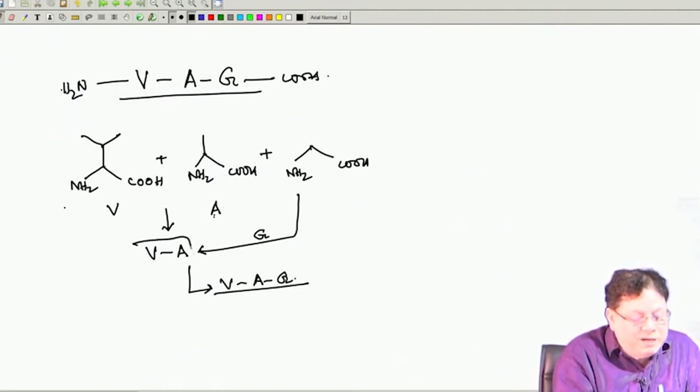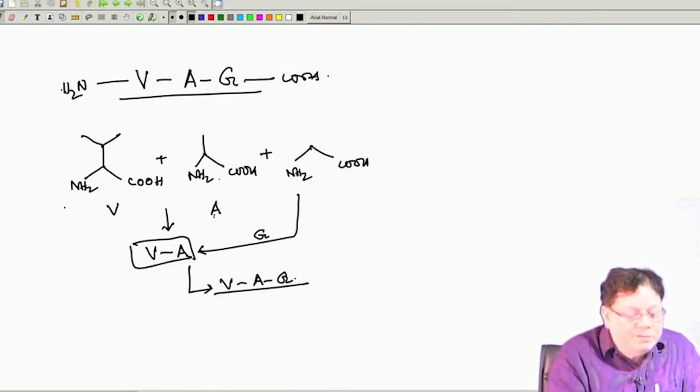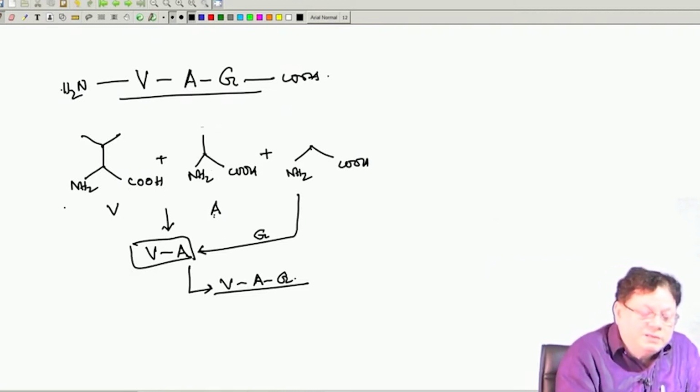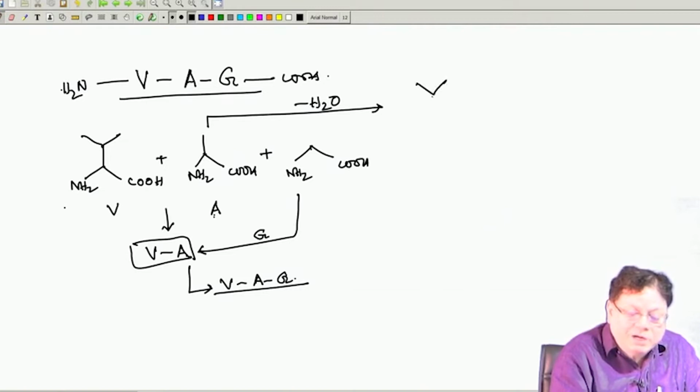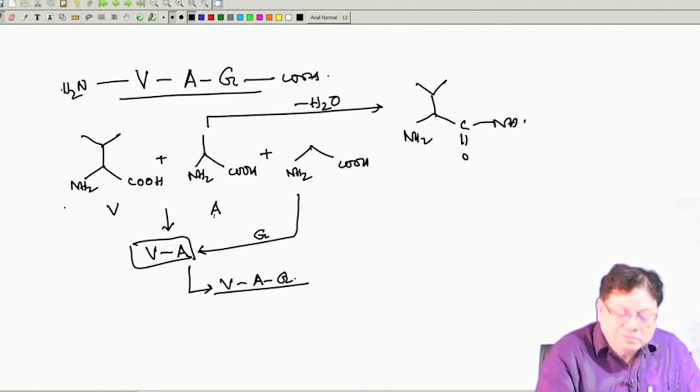Now, the question is, in order to do this, the joining of V and A, suppose we decided that first we will make VA. So, we have to join valine and alanine, and this joining is nothing but expulsion of a water molecule, and that should give a peptide bond, CO NH, and then the alanine COOH.